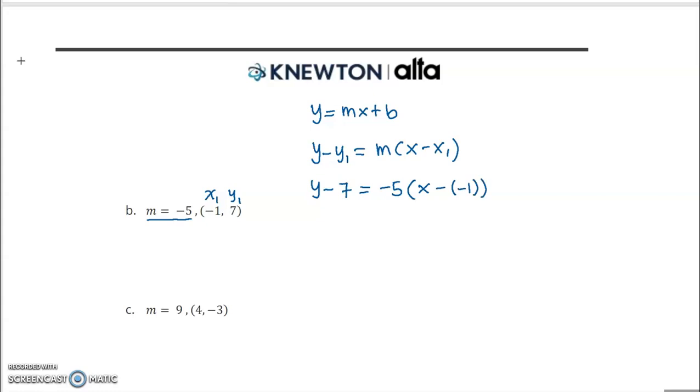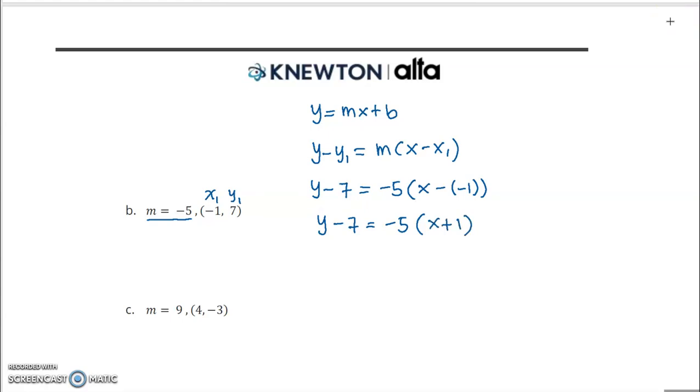And then we simplify the equation here. We have y minus 7 is equal to negative 5 times, now the double negative here will be changed to positive, so that expression becomes x plus 1.